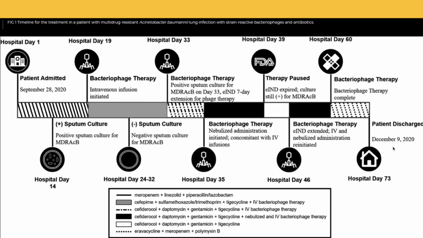So yes, over 2 months in the hospital, multiple rounds of bacteriophage therapy. But again, this technology is in its infancy, and it highlights that it can help with combating some of these essentially DTTs, difficult to treat infections.